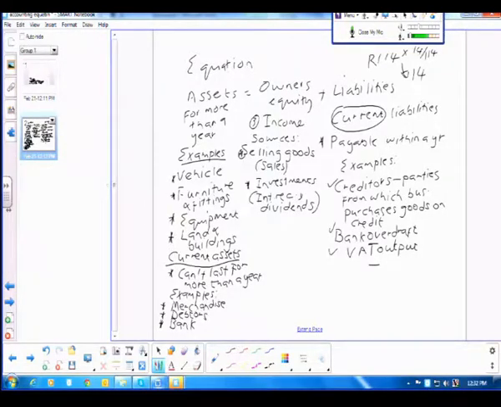The other source of income from your investment is that sometimes you can own a property and lease it to someone. What are you going to get? Rental income. So that's also your income.